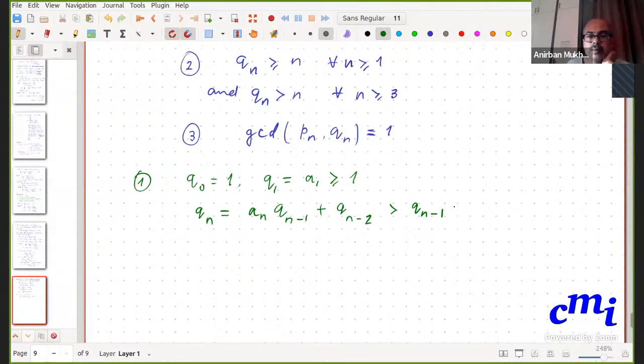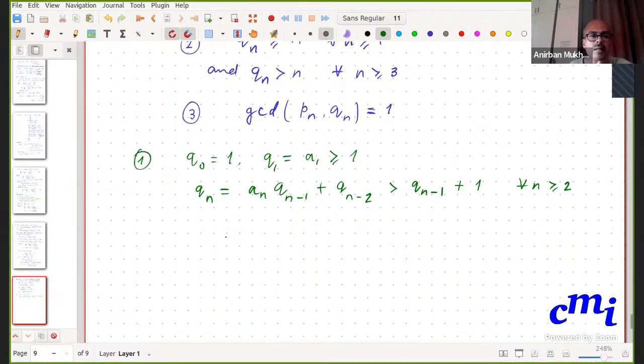In fact, the last one is bigger than 1. So for all n, we prove it just by induction. And the second one also follows from the definition, similarly.